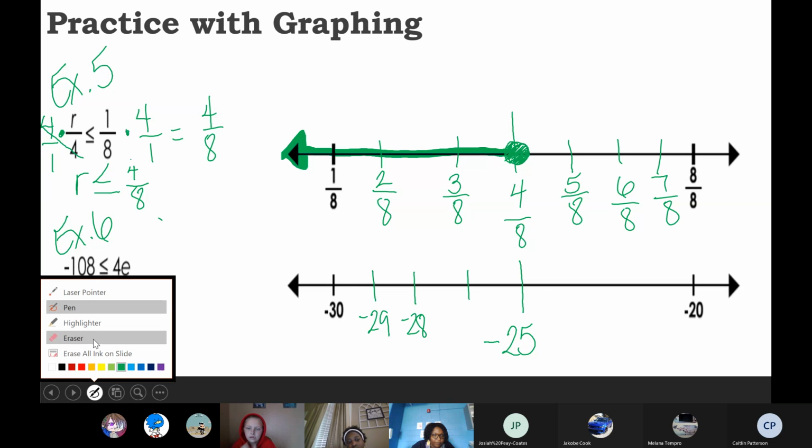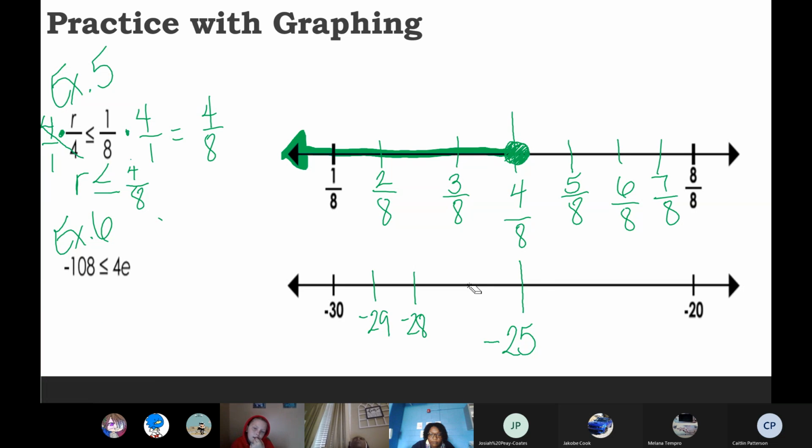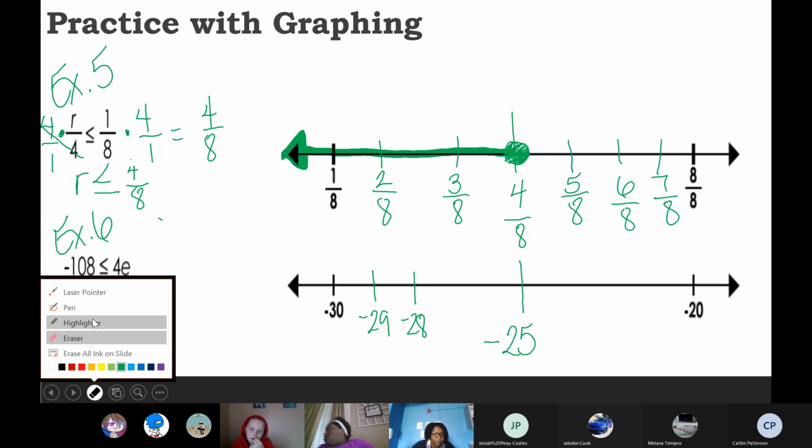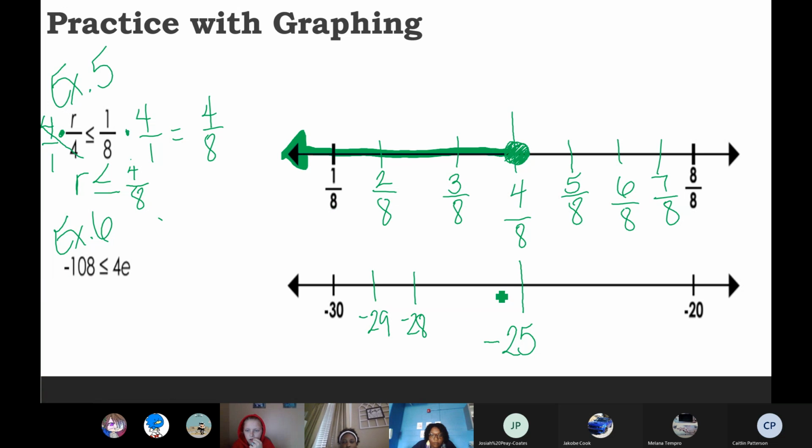Here we go. -27, -26. Okay, so we've got our number line created. Now let's work on our inequality.